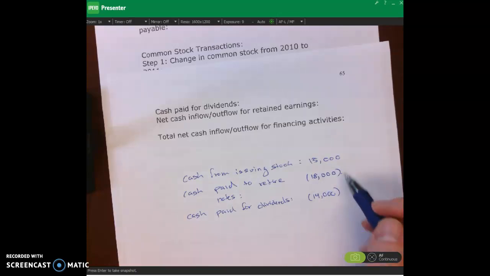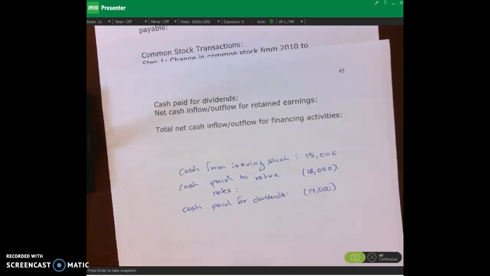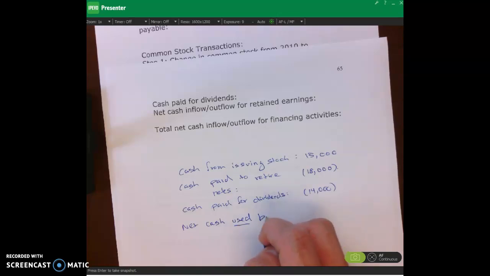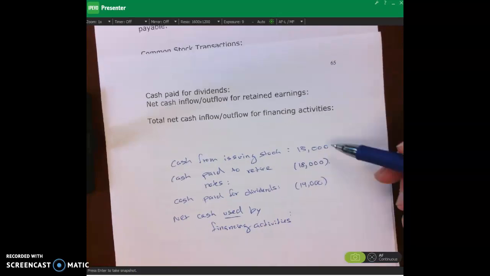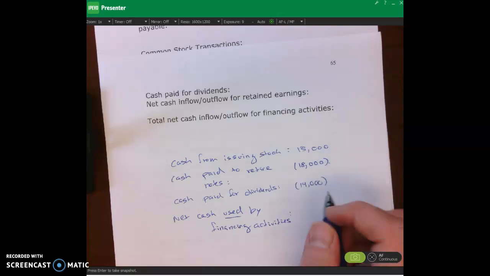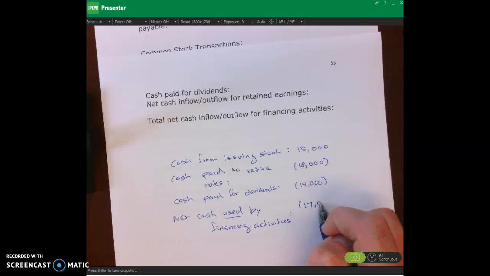Cash outflows, cash inflow. And then what I can say is net cash used by financing activities. And the way I get that is I take my 15,000 minus 18 minus another 14, and that gives me a net cash outflow of $17,000.